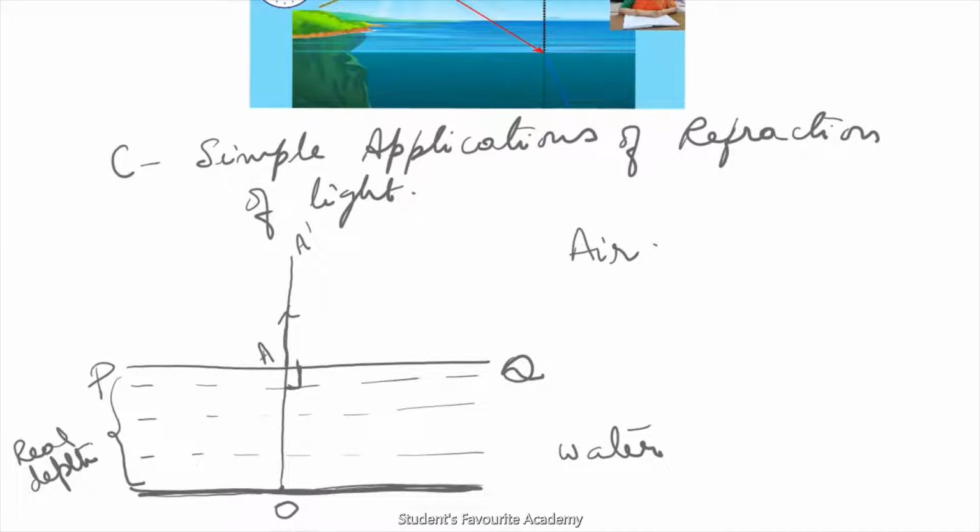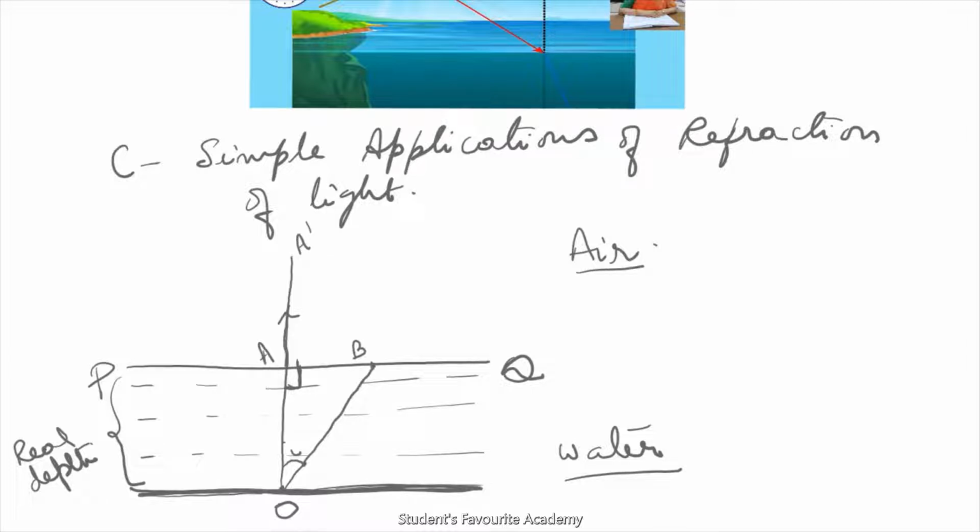Now another light ray from the object strikes the surface of separation at an angle of i. Suppose you call this point B. Here the light ray is traveling from a denser medium, water, to a rarer medium, air.